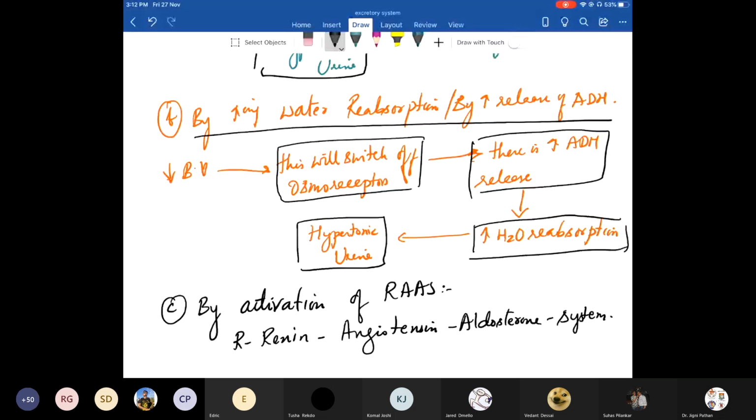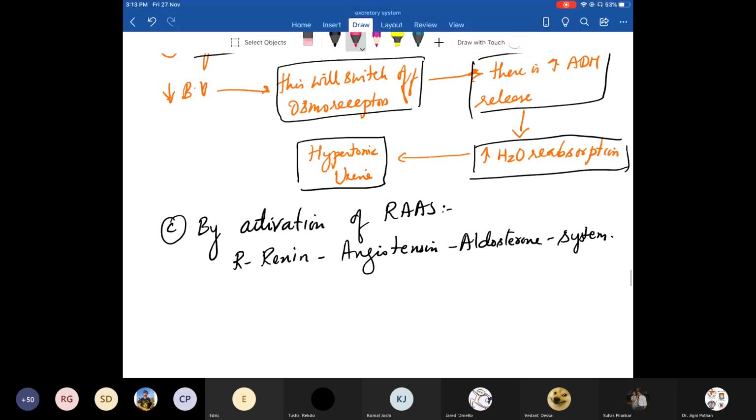Very important, this system, please concentrate. We'll write it down first and then I'll explain, it will be easier. This order is very important. You need to remember it in the same order: renin, angiotensin, aldosterone system, the full form of RAS.